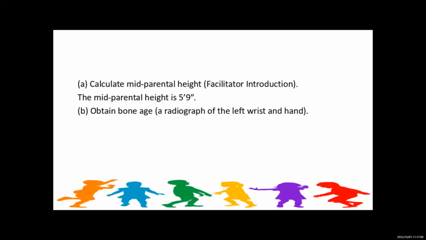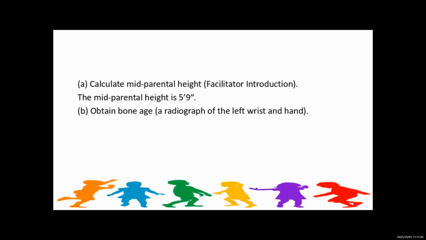So if we calculate the mid-parental height, since we've been trying to calculate it quite often lately, it falls at 5 foot 9 inches. And then for the bone age, we basically just do a radiograph of the left wrist and hand.